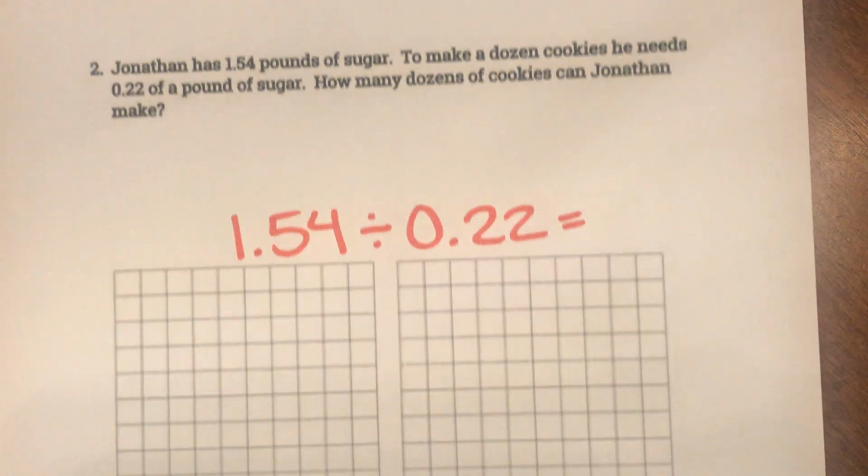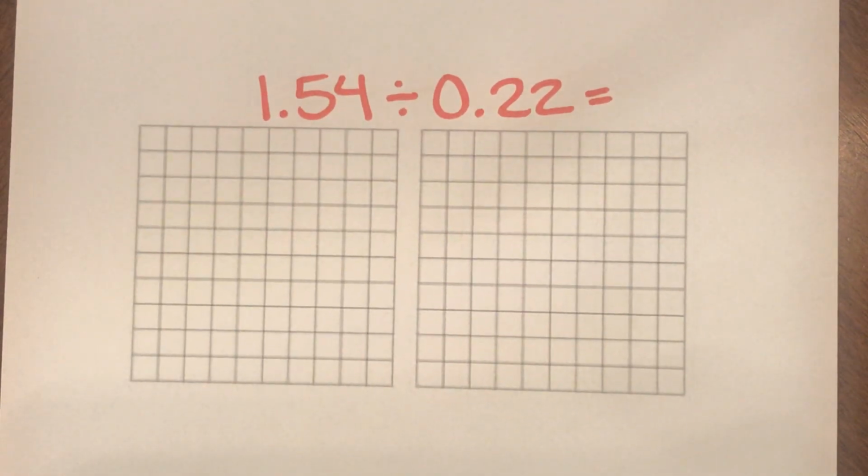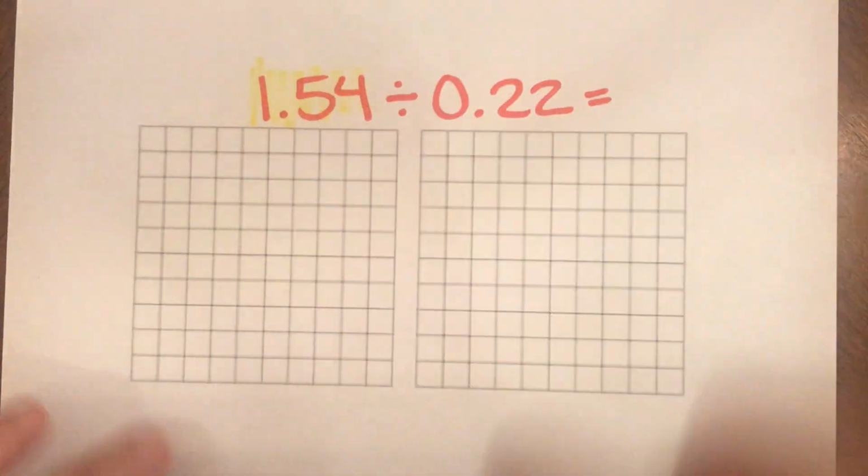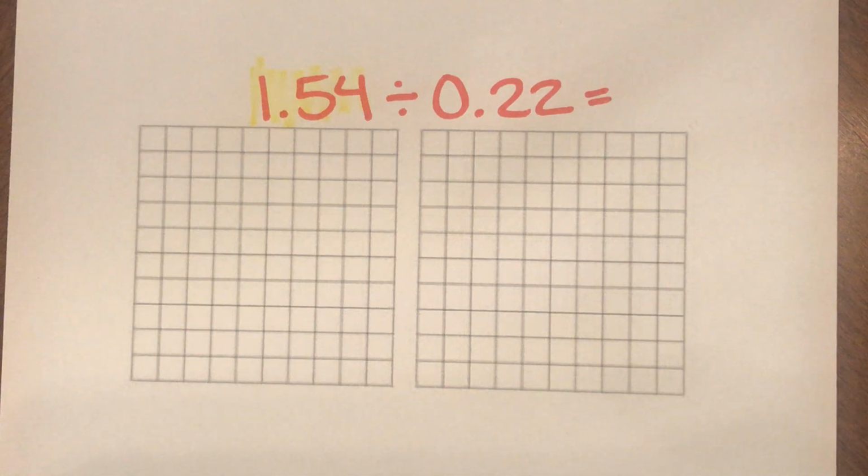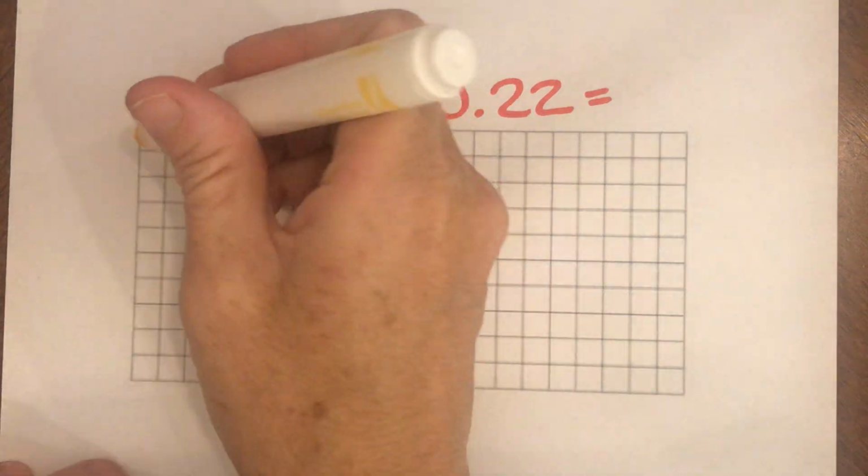Okay, so what does my first step say to do? My first step says to shade in the dividend. This is my dividend, remember? So I have 1 and 54 hundredths. That's what I'm going to be shading in. So I have 1 whole.